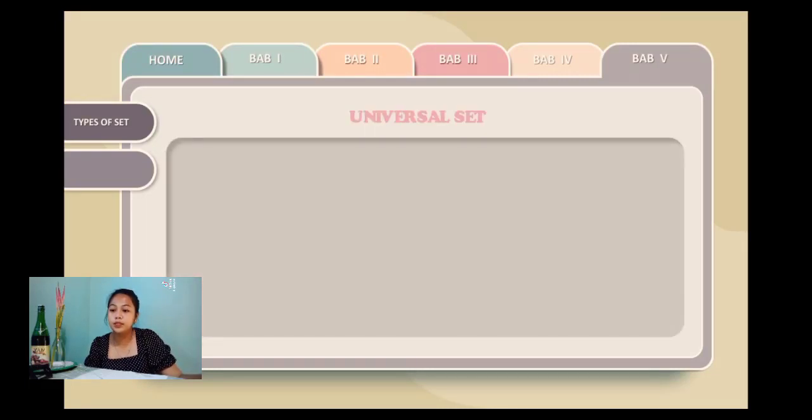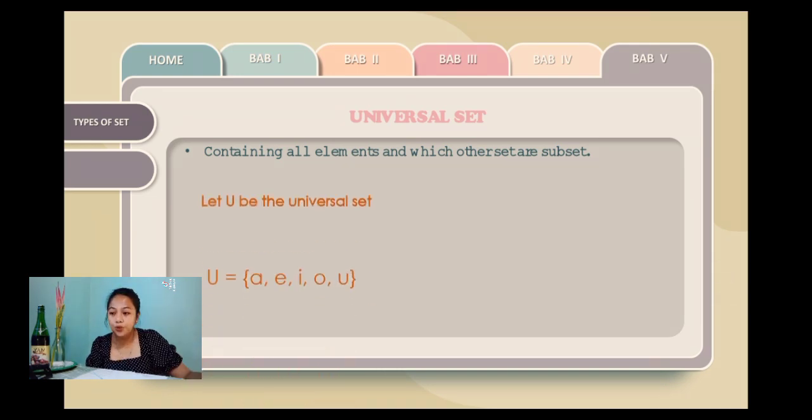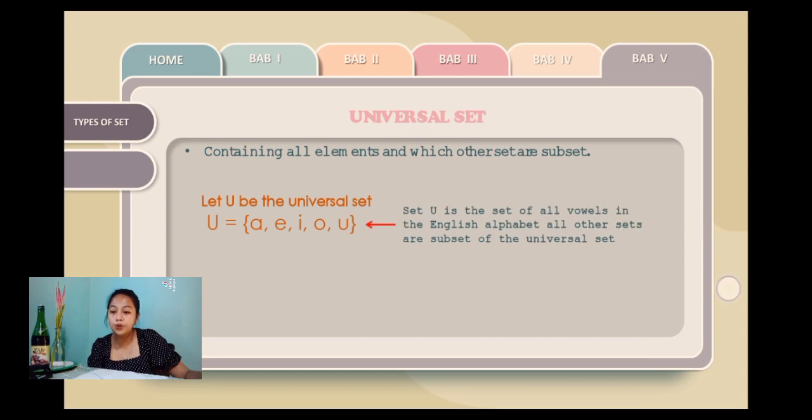Next is universal set. It contains all elements and all other sets are subsets of it. So, from the word universal, meaning panglahatan. Let U be the universal set. So, U is equal to A, E, I, O, U. Set U is the set of all vowels in the English alphabet, and all other sets are subsets of the universal set.